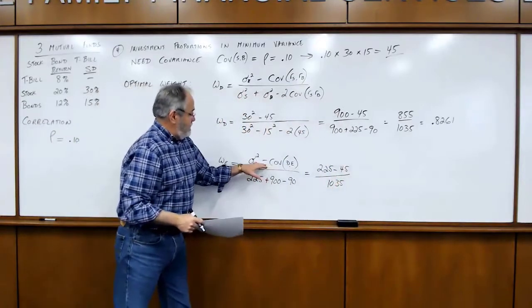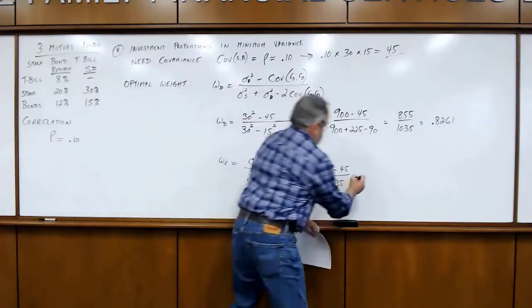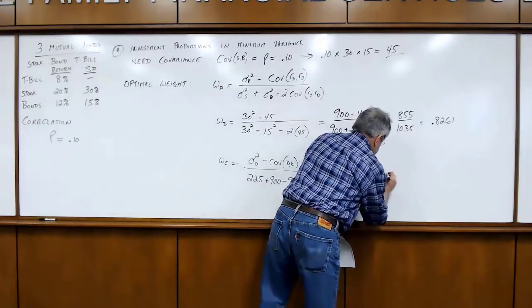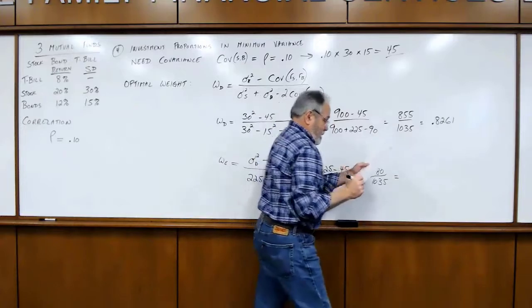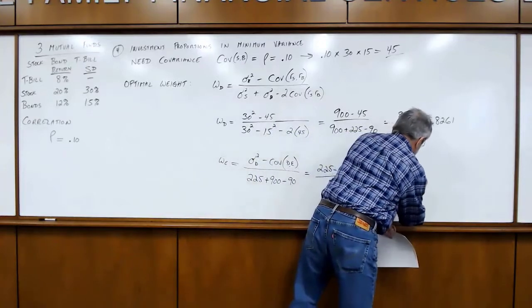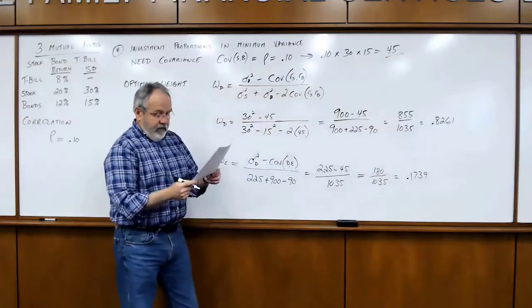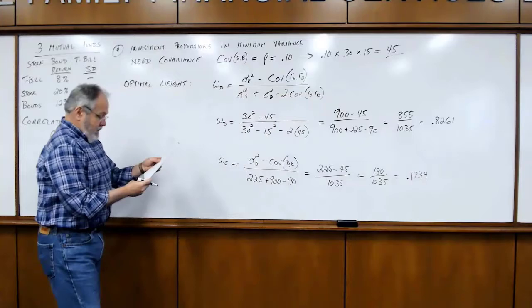Essentially, this is the only part that's different. So this becomes 17.39. Naturally, they must sum to 1, right?